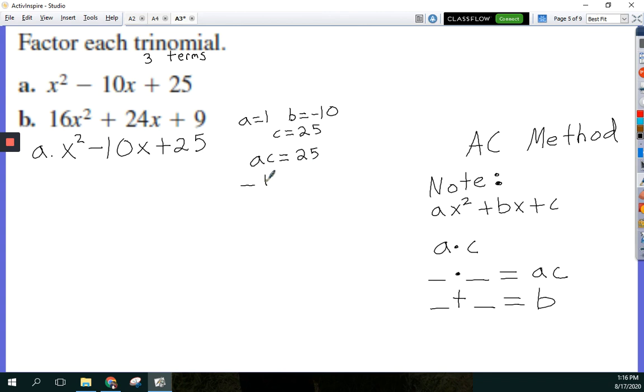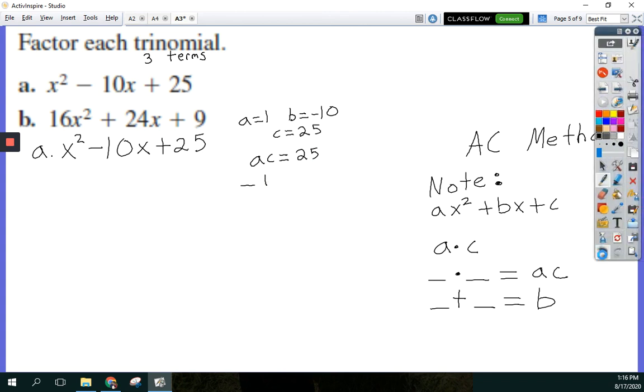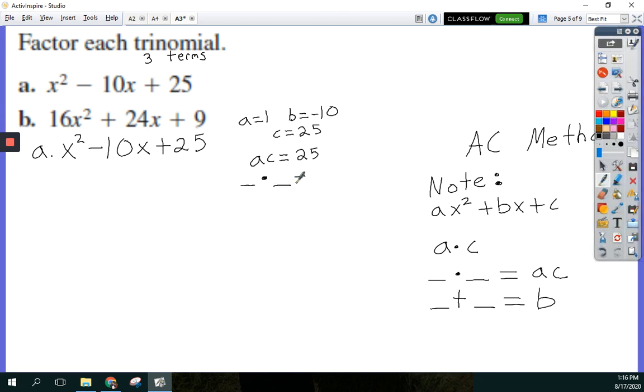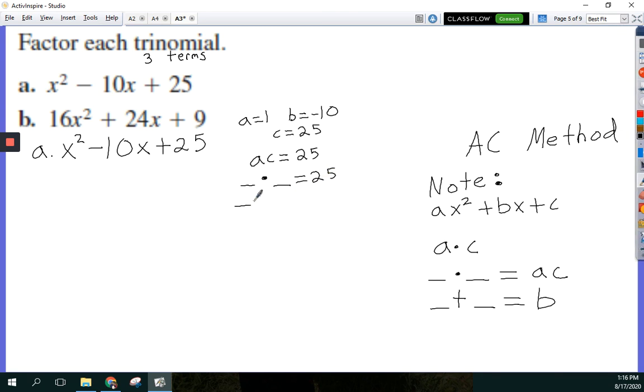So then I'm looking for two things that when I multiply them together, I get 25. And when we add them together, we get negative 10. Now, I can just see right off the bat that those are going to be negative 5 and negative 5. If we didn't see that, we could always run through our factor tree or factor chart of 25 to figure out which combination of factors gives us negative 10.